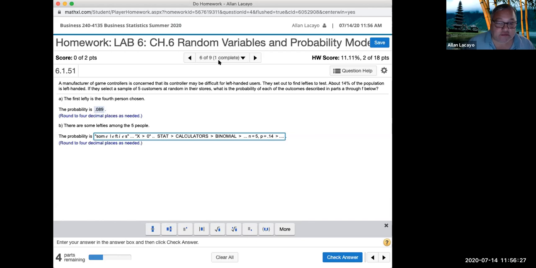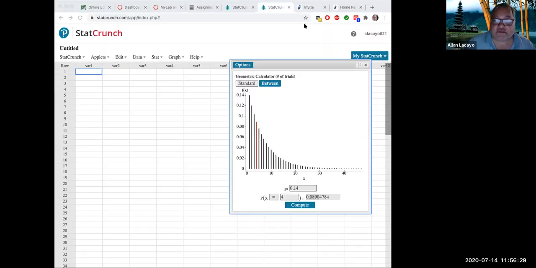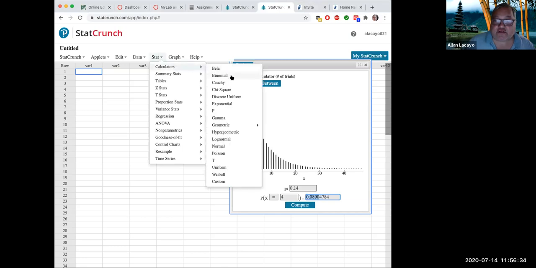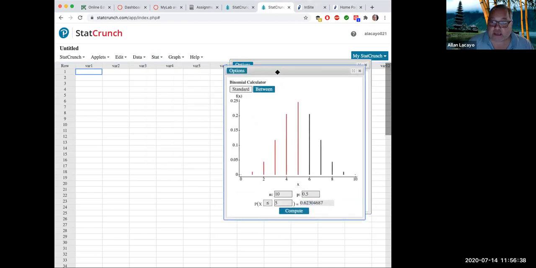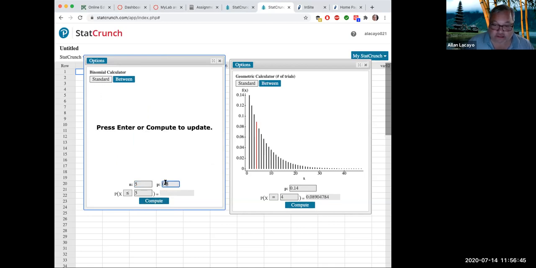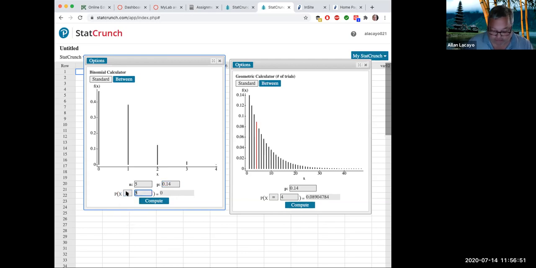So let's go back to StatCrunch for a moment and open a calculator called a binomial calculator the first time here. And in this binomial calculator, n, the number of repetitions, is going to be 5 selections. 14% is the probability of a lefty. And I want this to be greater than 0, because greater than 0 is how we say we could have 1 or 2 or 3 or 4 lefties.